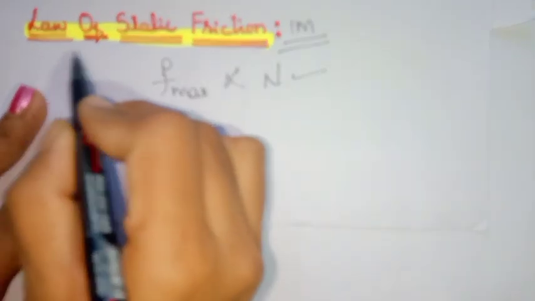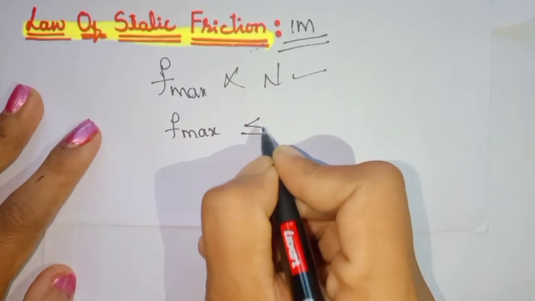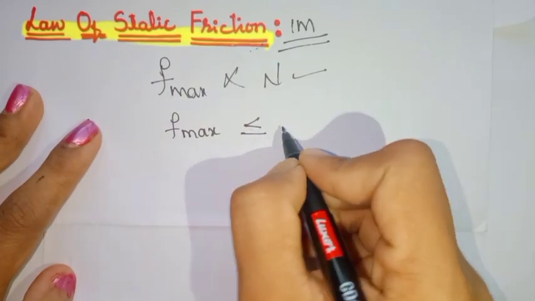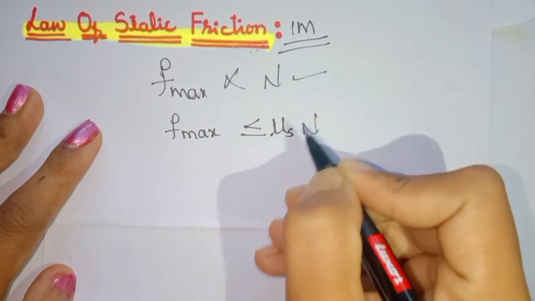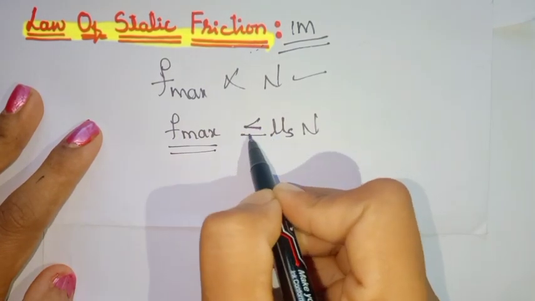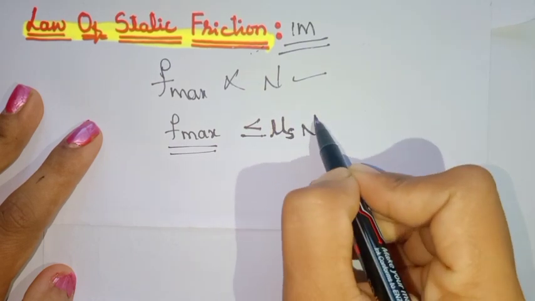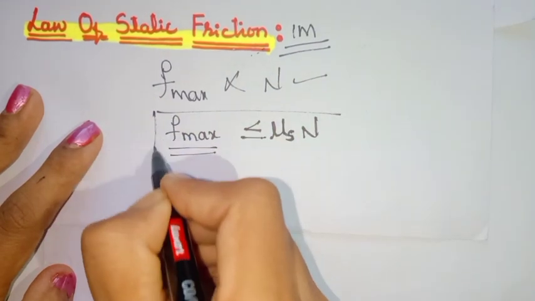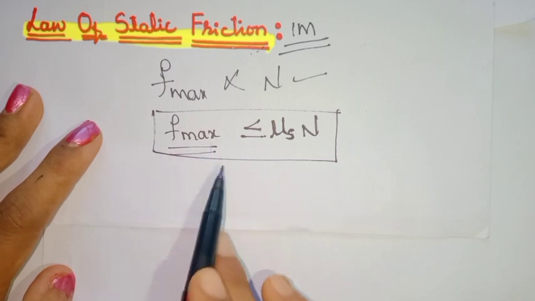So F max is less than or equal to the coefficient of static friction times the normal reaction. This is the law of static friction. I hope you have understood it.